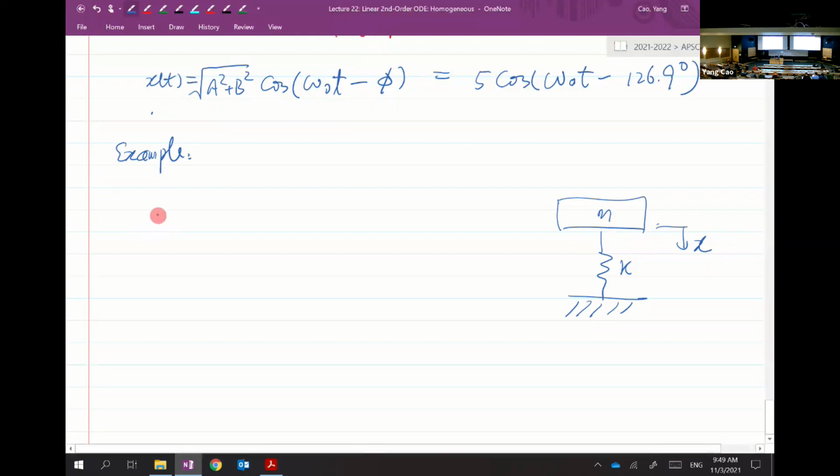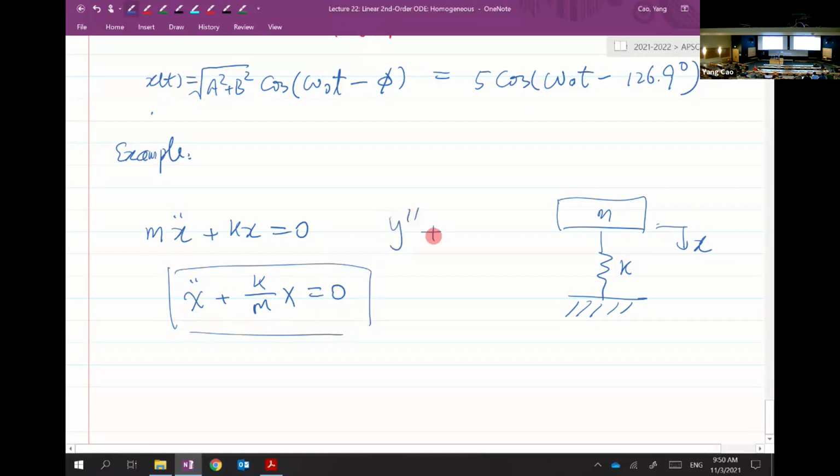If you draw a free body diagram and use Newton's second law, you can derive the second order differential equation for this system, which is m x double dot plus k x equals 0. That's equivalent to x double dot plus k over m x equals 0, if divided by m. You can clearly see this is the format of y double prime plus omega squared y equals 0, so the omega here is the square root of k over m.